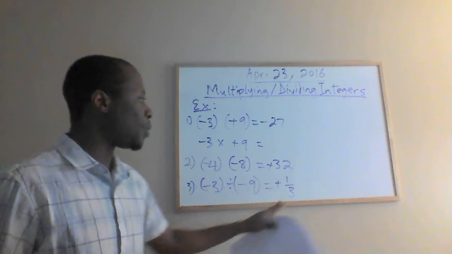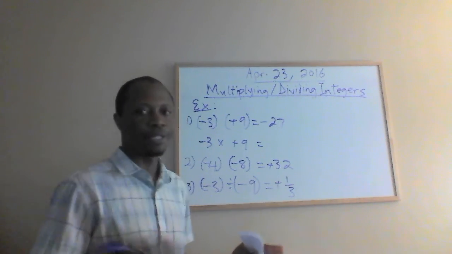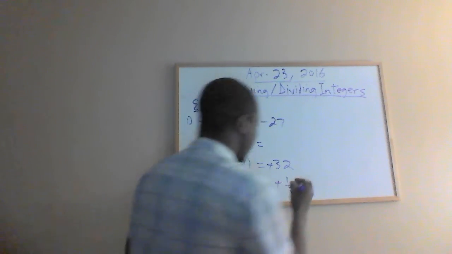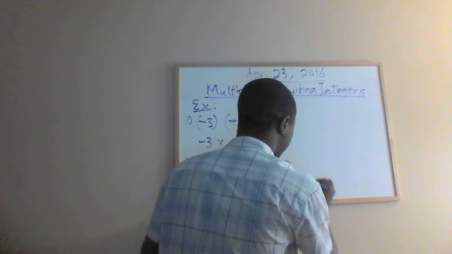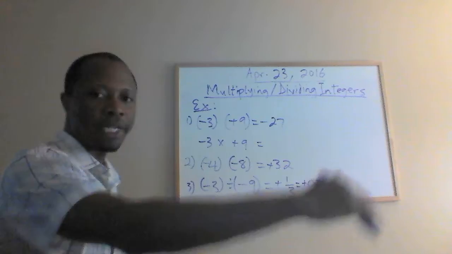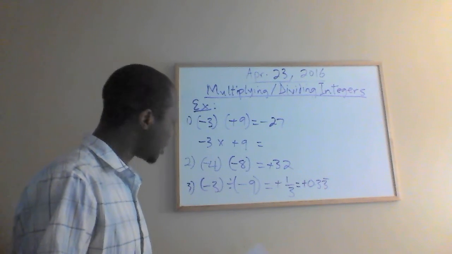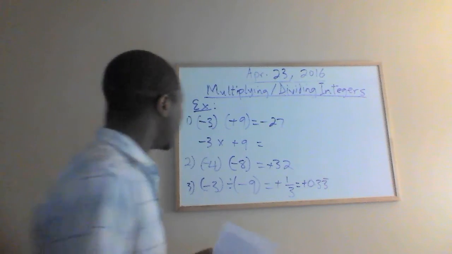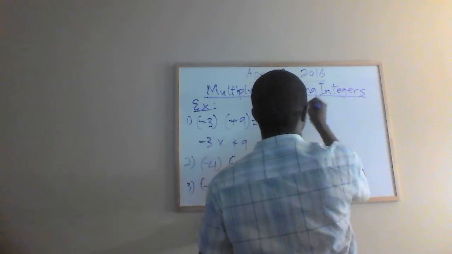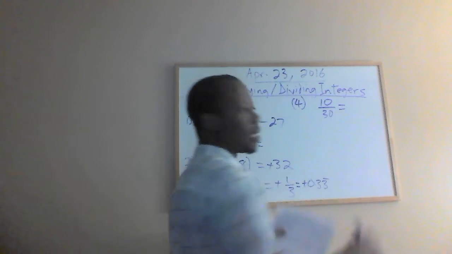Now if we like, we can go to decimal here, if we're allowed to use decimals. That will actually be positive 0.33, and of course it will be repeating. They can give us our division in this format as well, and that will be fine.